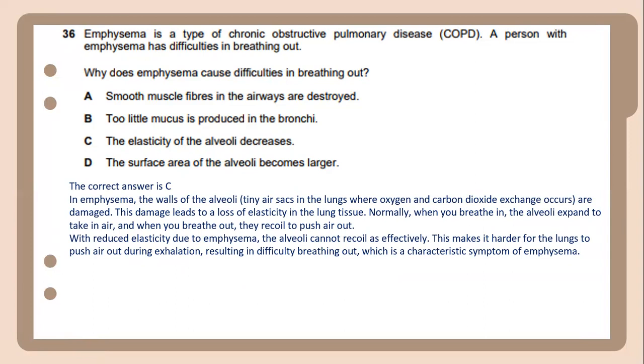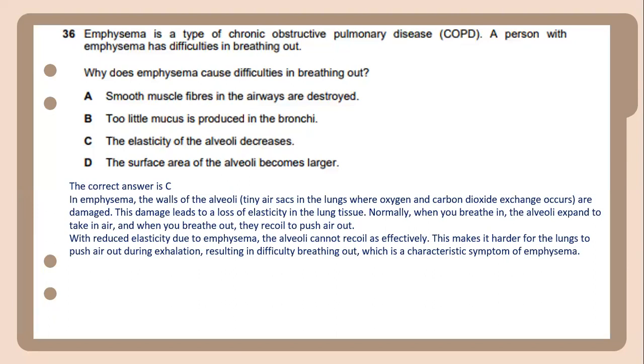In emphysema, the wall of the alveoli, tiny air sacs in the lung where oxygen and carbon dioxide exchange occurs, are damaged. This damage leads to a loss of elasticity in the lung tissue. Normally, when you breathe in, the alveoli expand to take in air, and when you breathe out, they recoil to push air out.